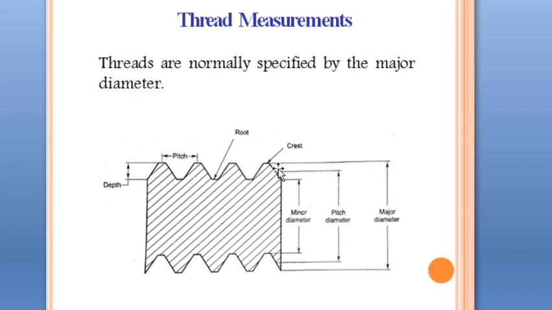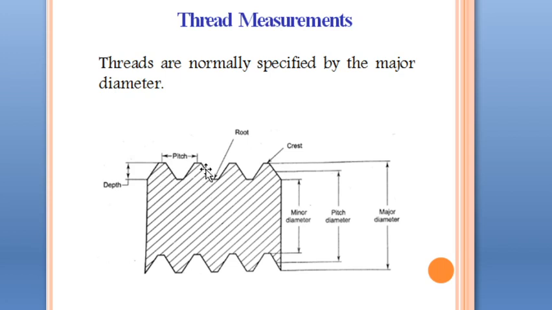Pitch diameter is the halfway of the minor and major diameter. The larger extreme diameter is the major diameter, this one is the minor diameter, and halfway between these two is called the pitch diameter. A pitch is the distance between two adjacent points.